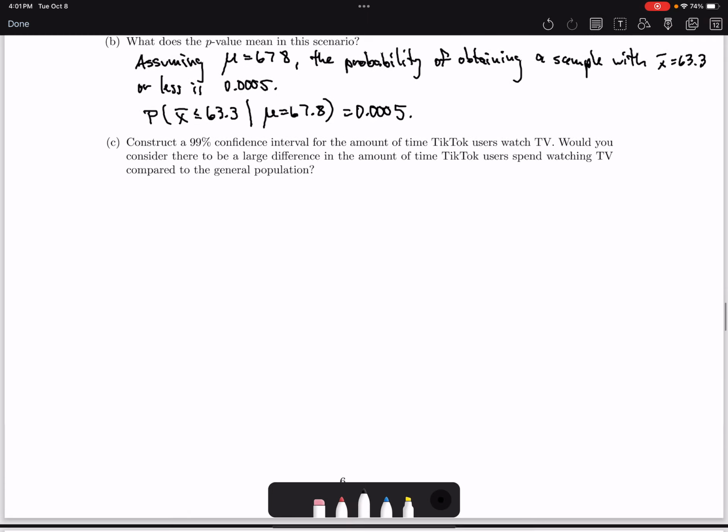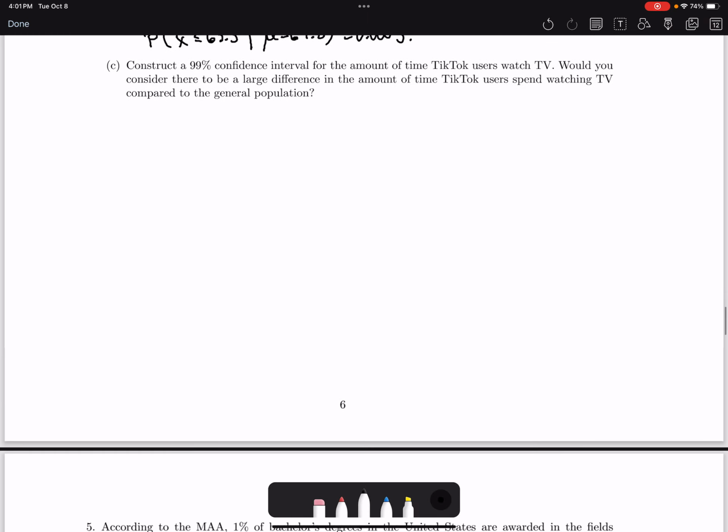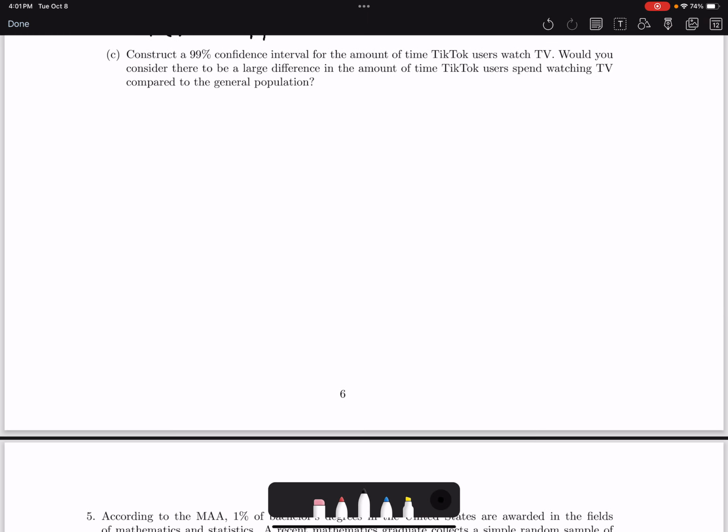All right. So there's a statistically significant difference here. Is it a practically significant difference? Well, to answer that question, we could construct a 99% confidence interval to get an idea of how much time TikTok users spend watching television. Okay. So we're going to do this using Art of Stat.